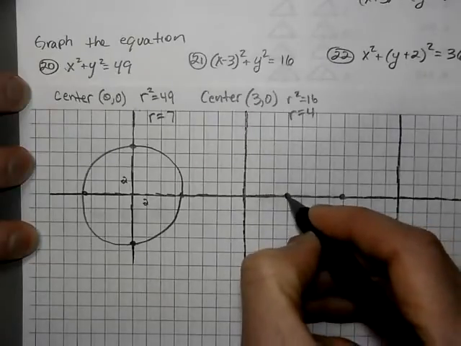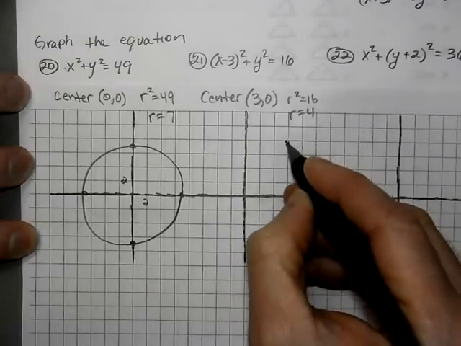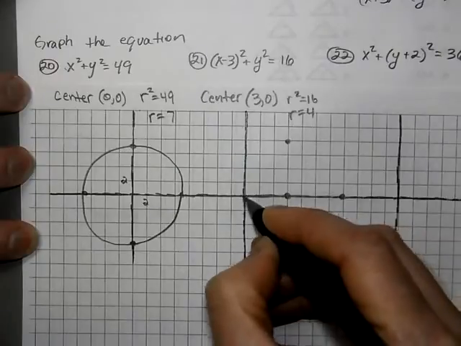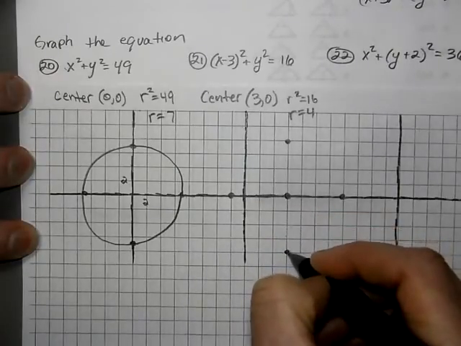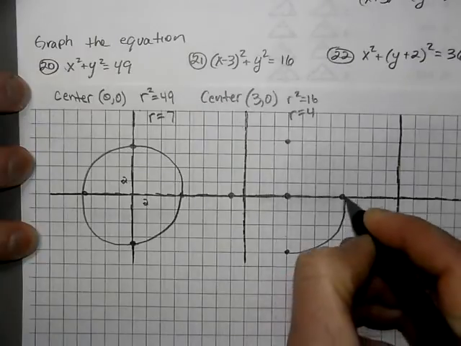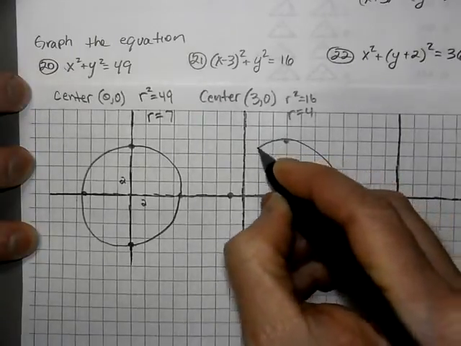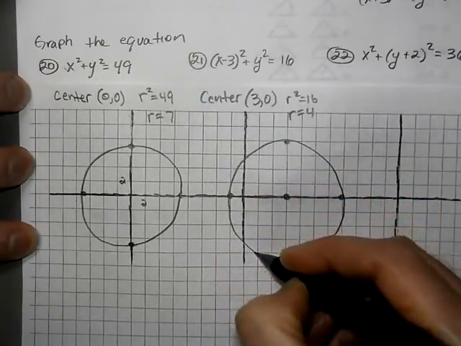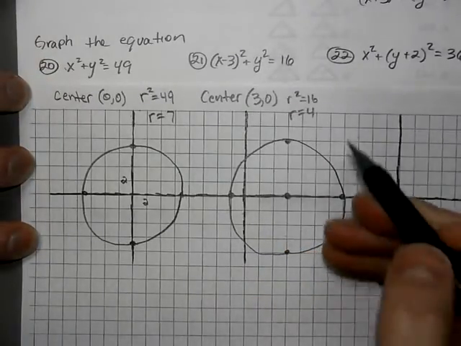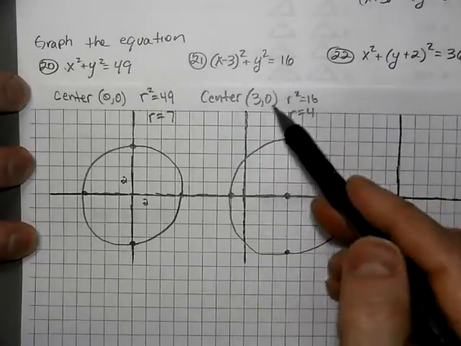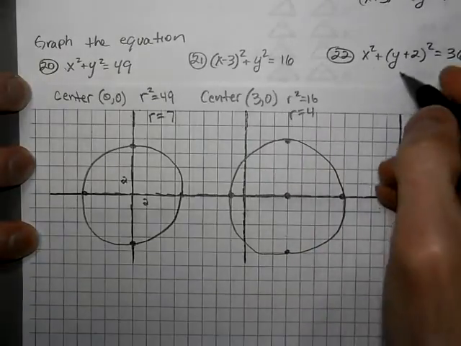So 4 to the right, 4 up, 4 to the left, and 4 down. So there's our circle with a center at 3, 0 and a radius of 4.